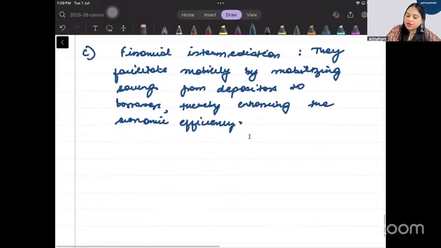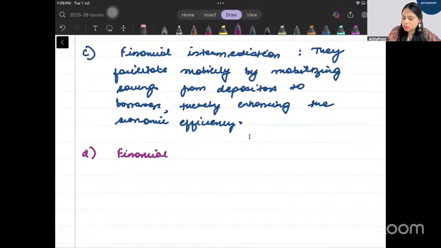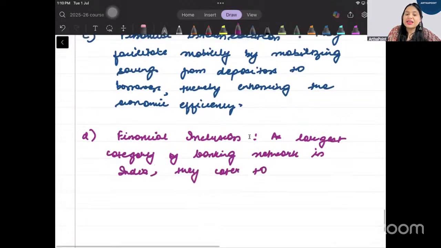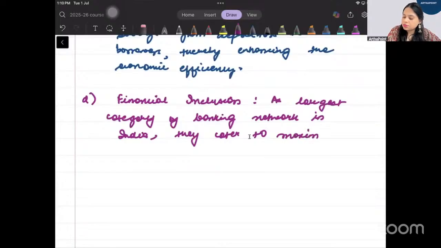Right? Fourth, aid of financial inclusion. As the largest category of the banking network in India, they cater to the maximum number of banking customers, right?